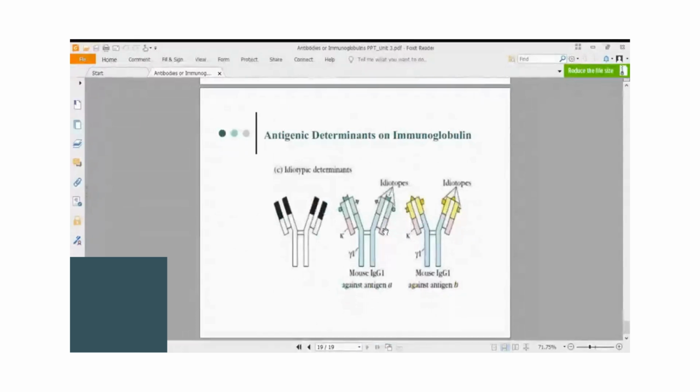Whereas idiotypic determinants are situated in the FAB region of the antibody. The FAB region contains the variable region of the heavy chain and the variable region of the light chain.